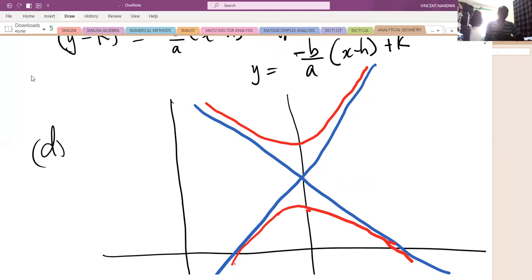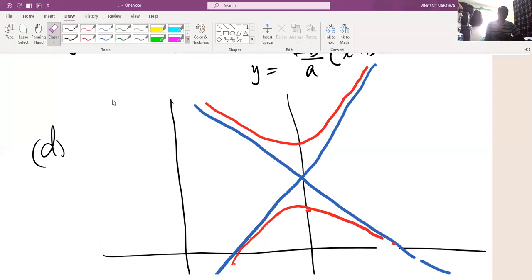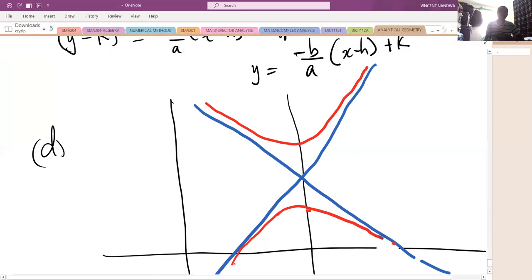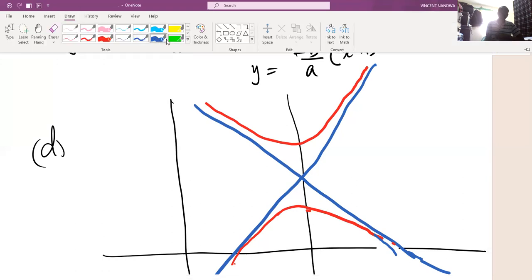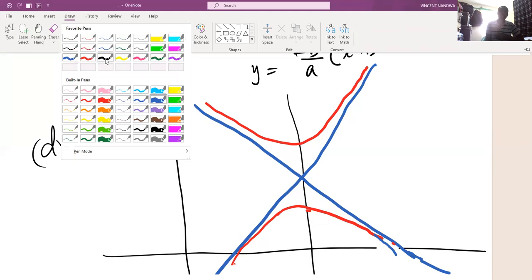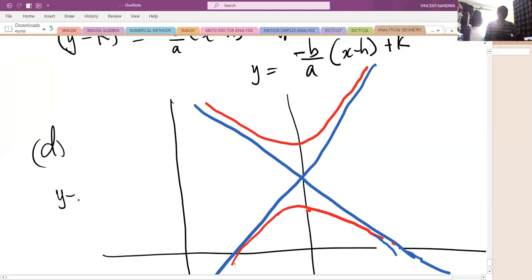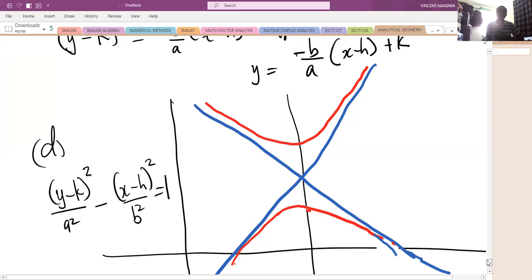So the equation of this one is given by Y minus K squared over A squared minus X minus H squared over B squared equals 1.